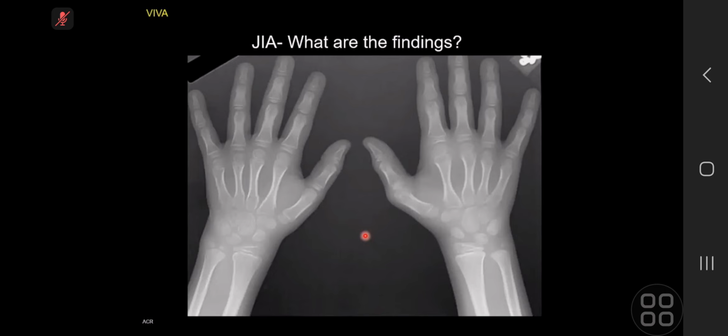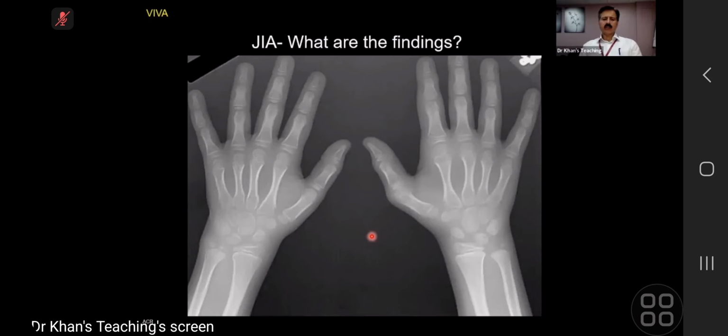Okay, so this is a frontal radiograph of both hands for a child. The picture's not the best, but I think that there is almost bilateral symmetrical periosteal reaction. Yeah, don't worry about it. There is no reaction. So I understand that the radiographic factors are not there. Anything else considering JIA? Can you compare right and left?